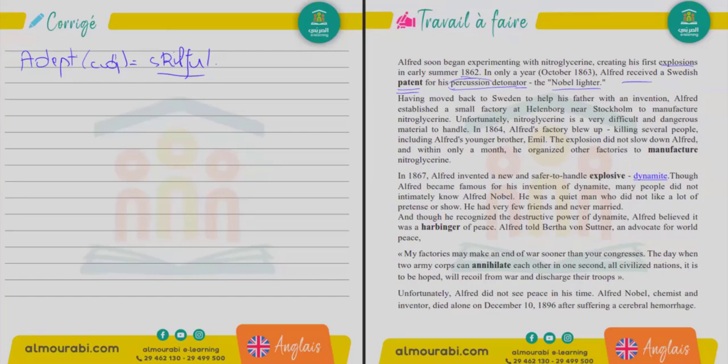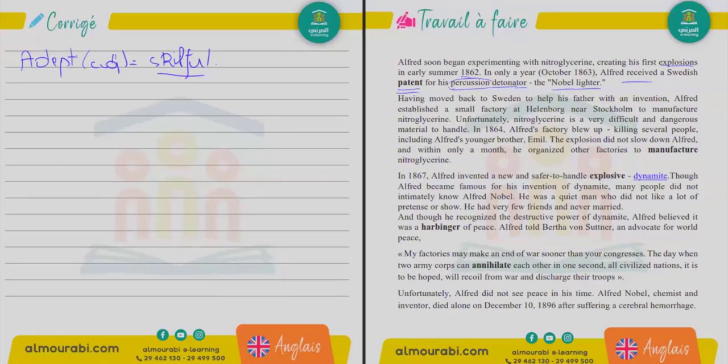Unfortunately, nitroglycerin is a very difficult and dangerous material to handle. In 1864, Alfred's factory blew up, killing several people, including Alfred's younger brother, Emil. The explosion did not slow down Alfred, and within only a month, he organized other factories to manufacture nitroglycerin.